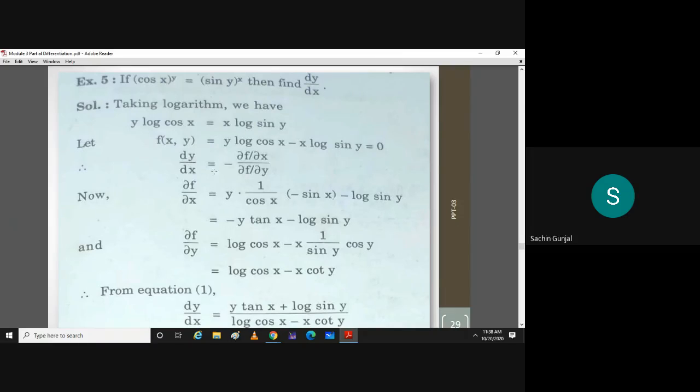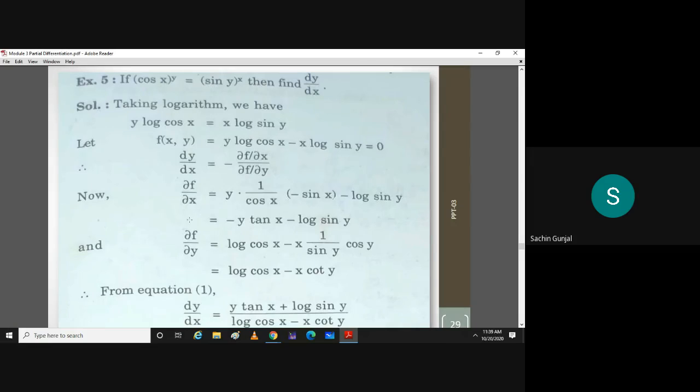So dy by dx is equal to minus p by q. Find p, that is del f by del x, the partial derivative of this function with respect to x. y as it is; derivative of log of cos x is 1 by cos x into minus sin x; minus log of sin y as it is, derivative of x is 1. Simplifying, this is minus y tan x minus log sin y.